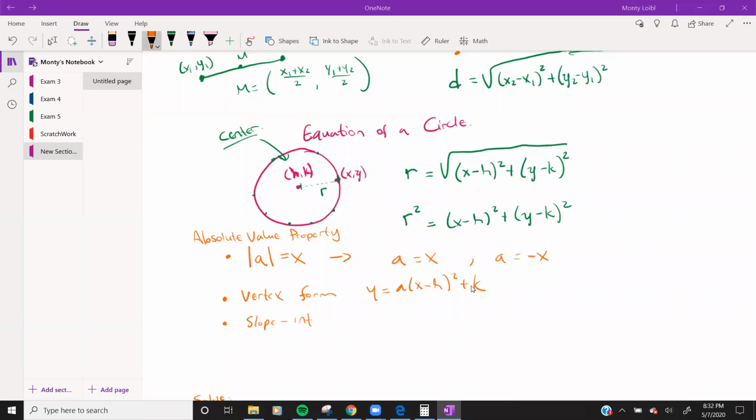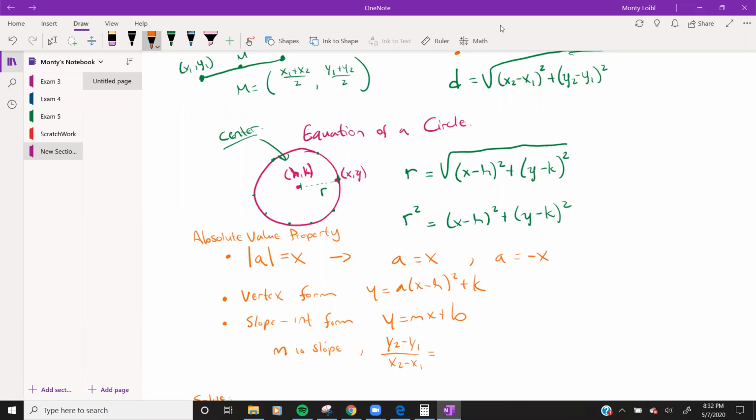All right, so we're probably going to end here, but these are some other important things that you'll use on the final exam review. Slope-intercept form, again, m is slope, and that's given by the change in the y's, so y2 minus y1 divided by x2 minus x1.